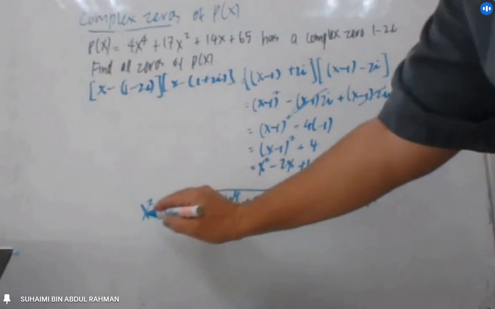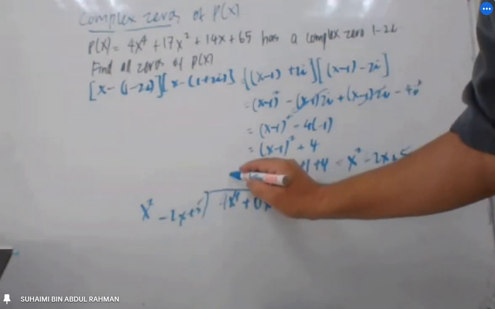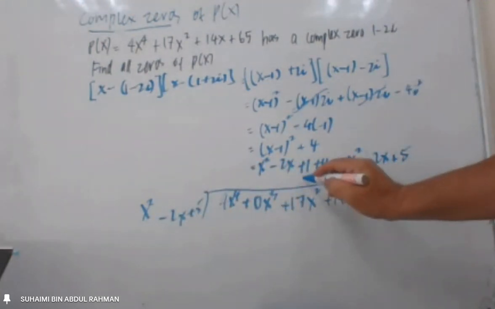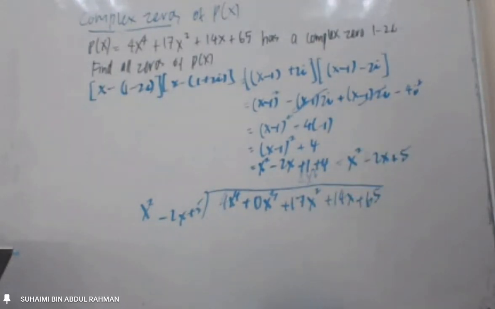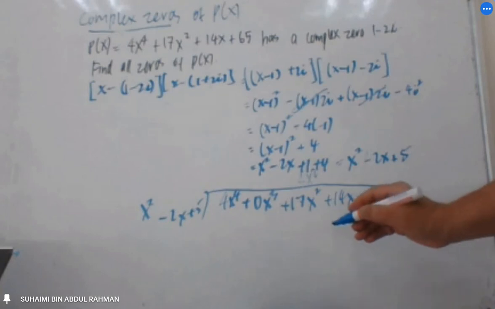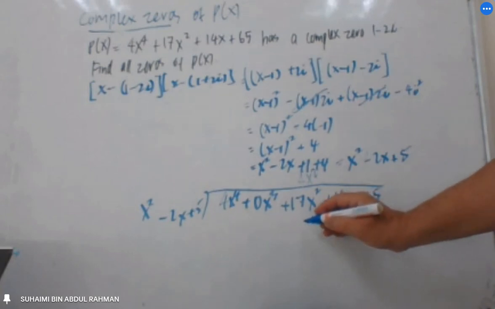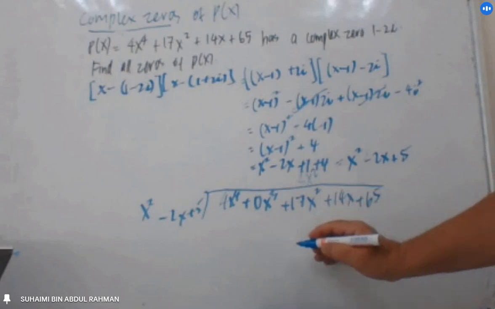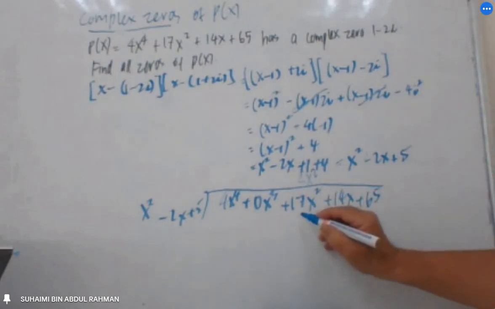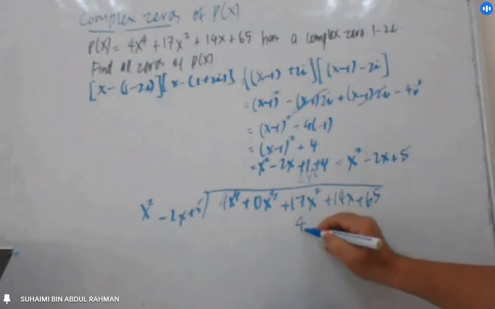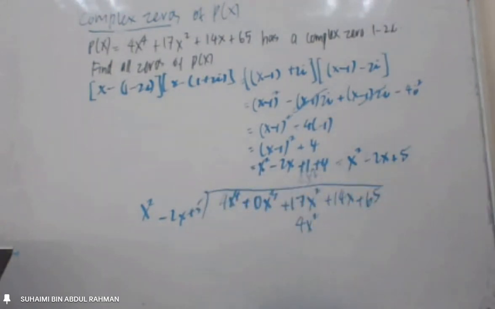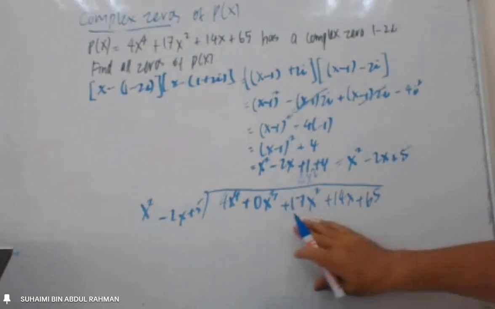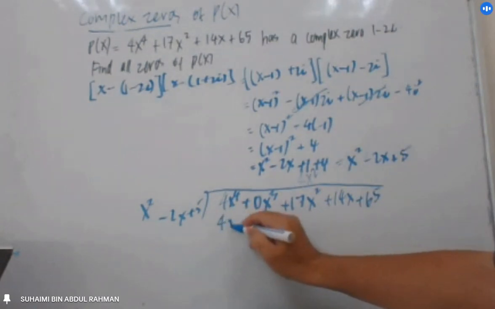So x power of 4x square, 4x square. Then multiply what we get for x square: 4x power 4, right.